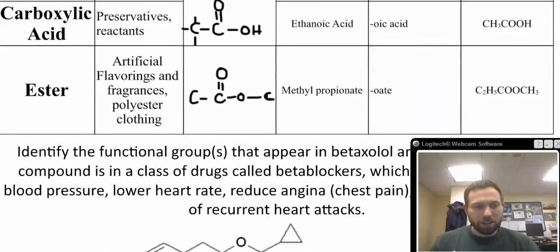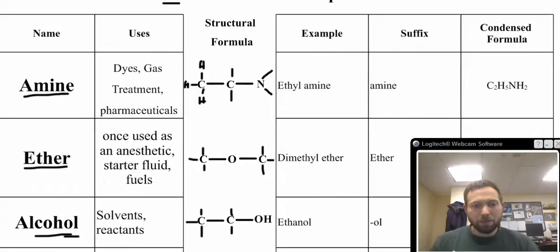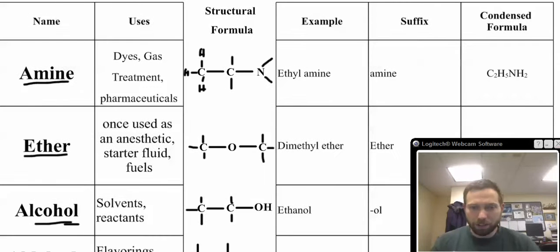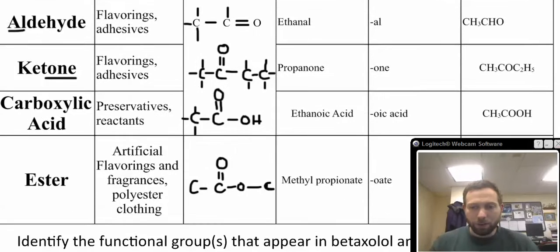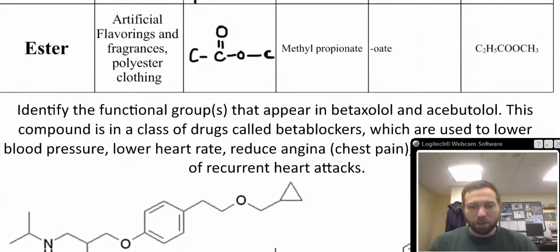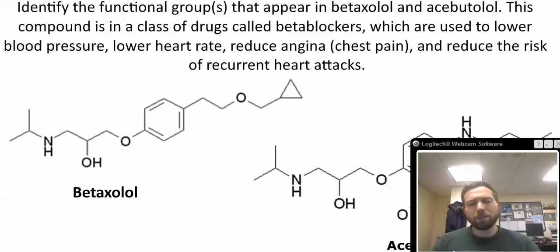Okay, so those are the different functional groups and their names, their uses, their structural formulas, an example, and suffix for you to look at. So we're going to practice this. We have multiple examples here.